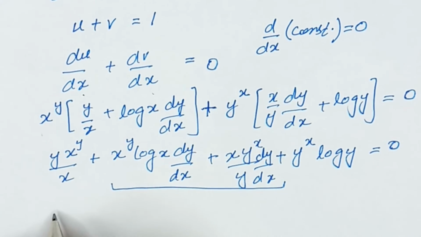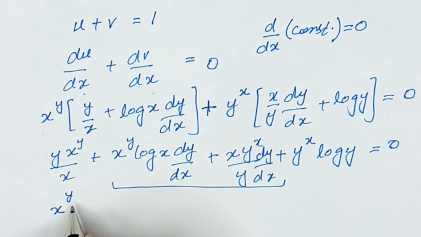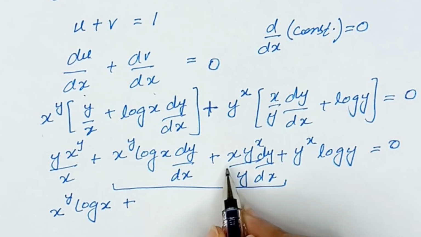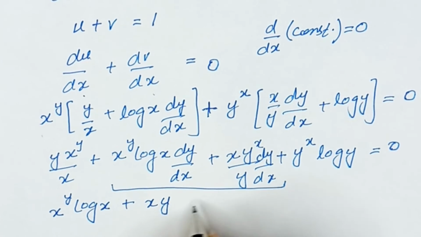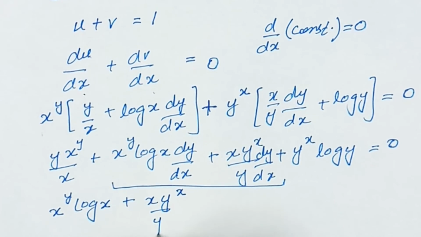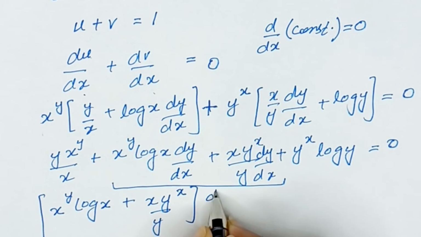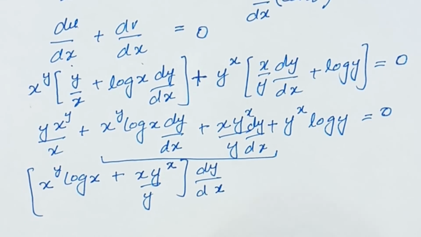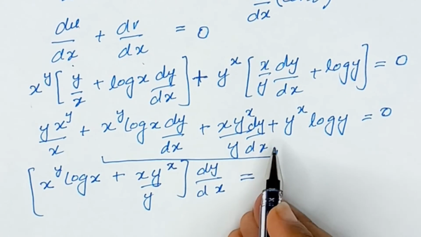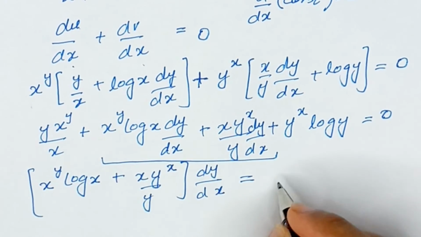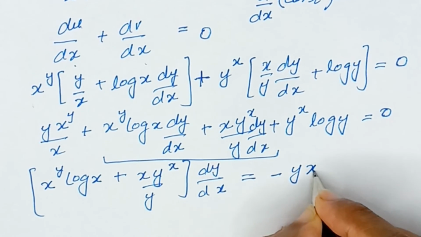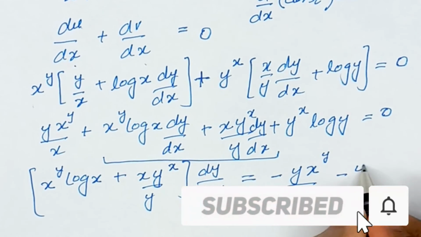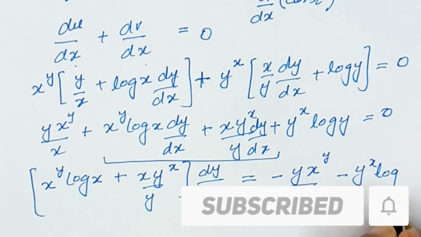So it will become x to the power y log of x plus x y to the power x divided by y, times dy divided by dx. And we will take the remaining terms to the right hand side, so it will become minus y times x to the power y divided by x minus y to the power x log of y.